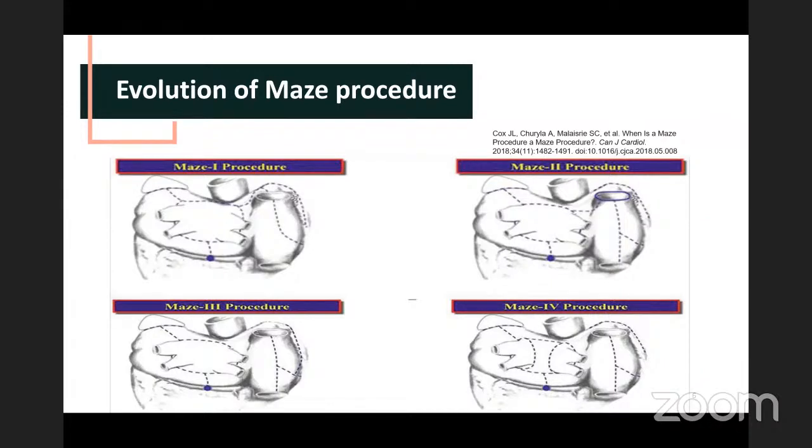With a better understanding of the phenomena of atrial fibrillation and the triggering points or lesions that cause atrial fibrillation, they developed different lesion sets until they reached the Maze-3 procedure, which proved effective in breaking all the macro re-entry circuits in the atria that cause atrial fibrillation. And then, as I mentioned, the Cox-Maze-4 procedure uses the same lesions, but using a different energy source.